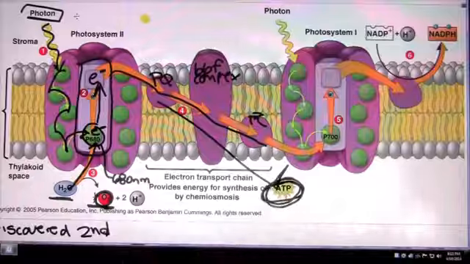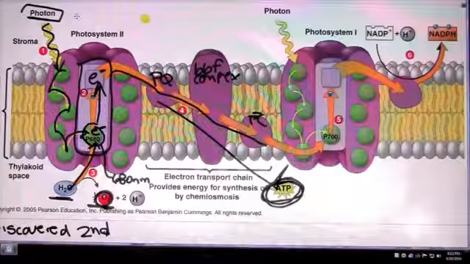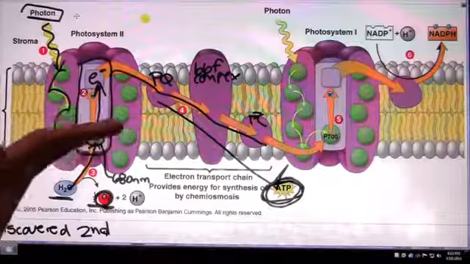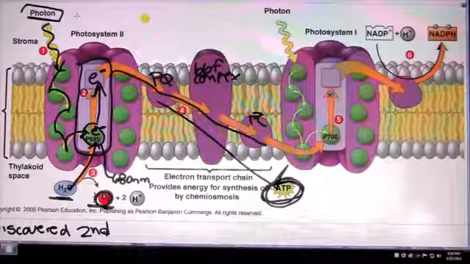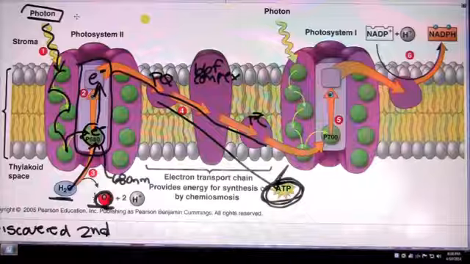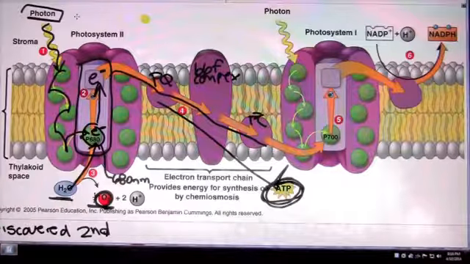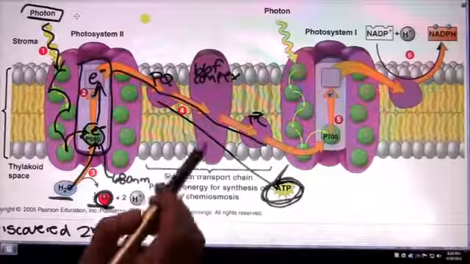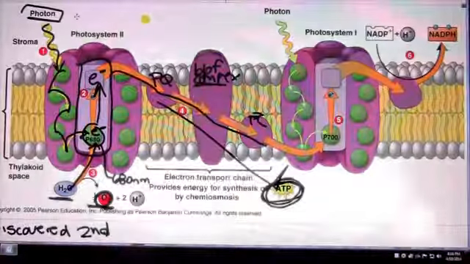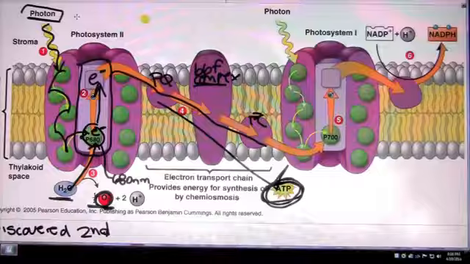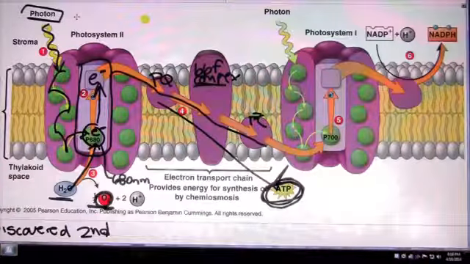So the energy is lowering, that energy is absorbed by ATP, and ATP is then made, which is a very important process in photosynthesis. This B6F complex's whole job is to link the electron from photosystem 2 to photosystem 1.